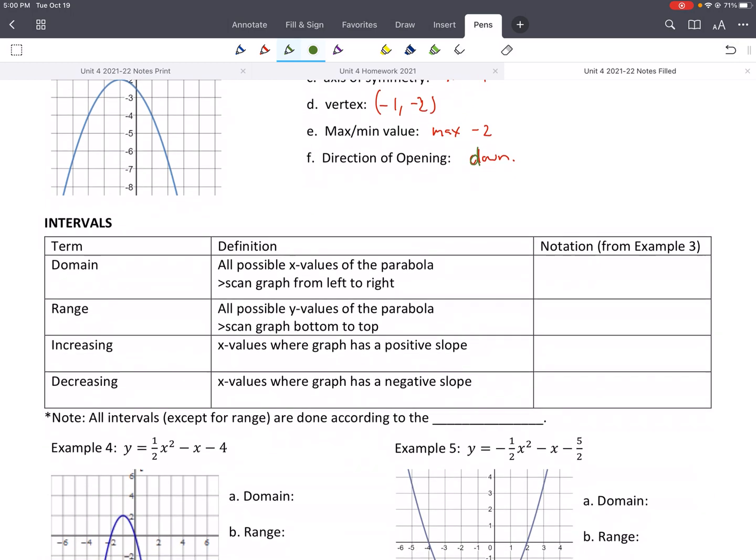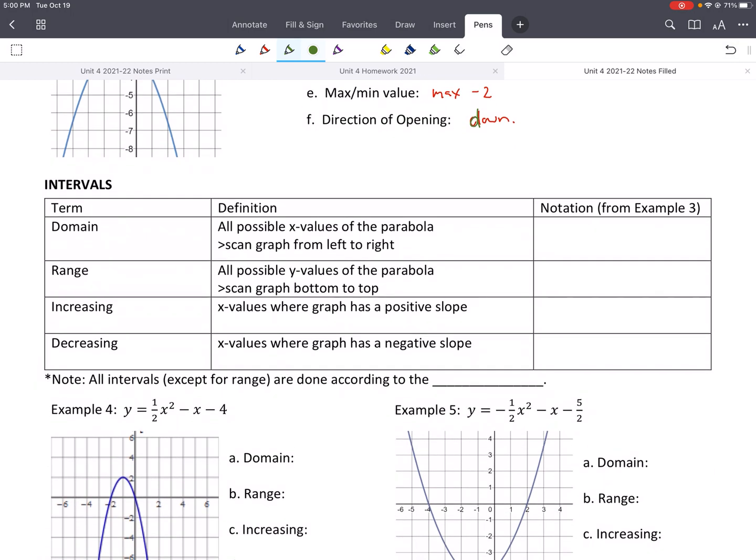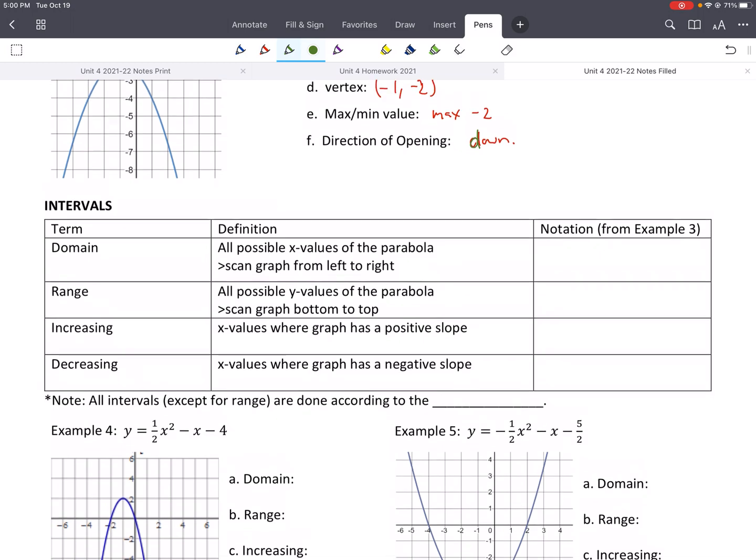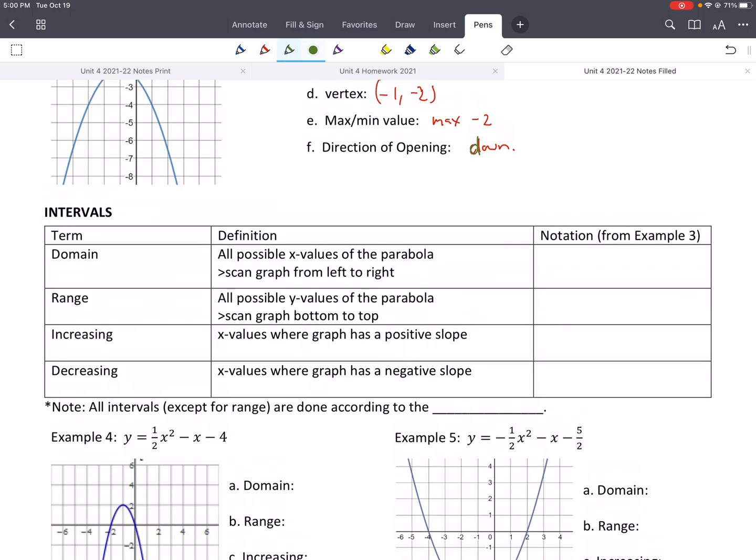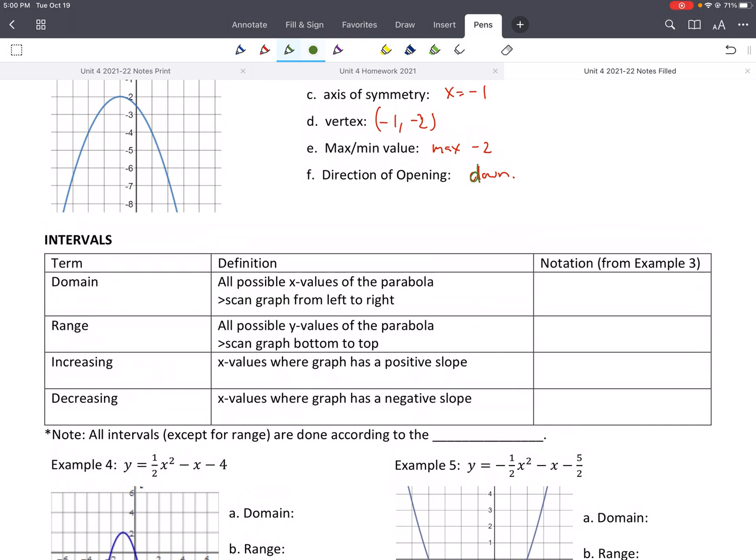Okay. Next we have the intervals. So intervals are just like a section. So like for domain, it is all possible x values of the parabola. Okay, so it's basically where does it start and where does it end. That is going to be our interval. If we want to talk about intervals, we either have parentheses or we have brackets.